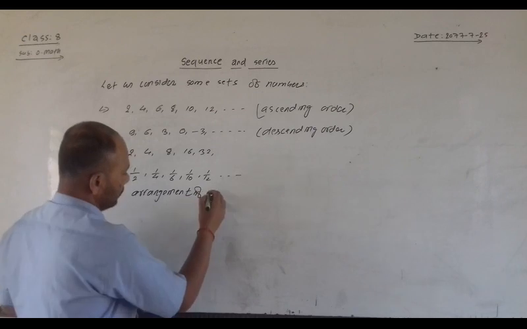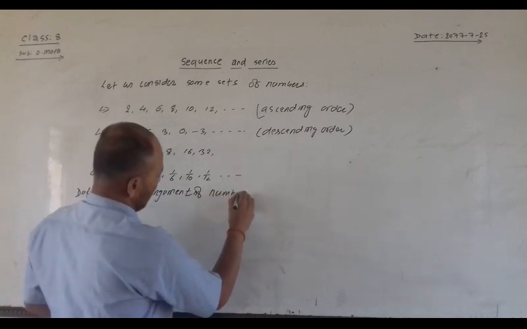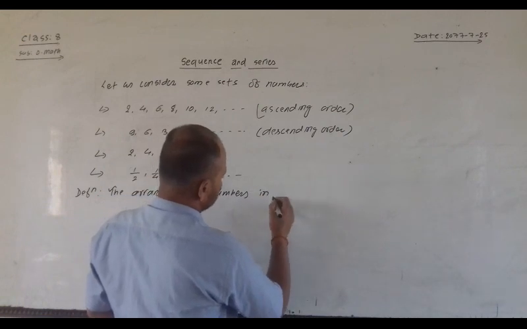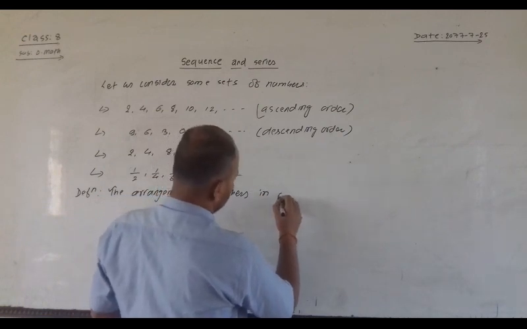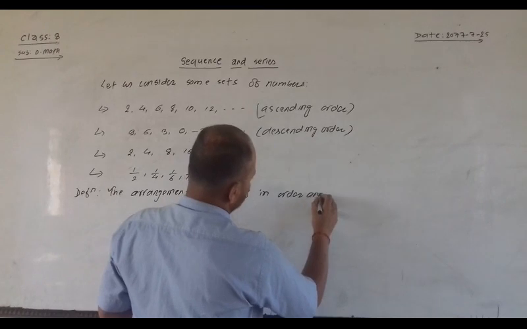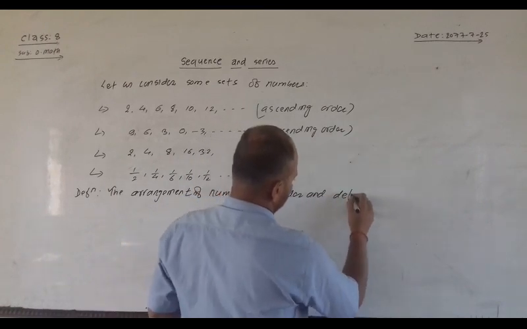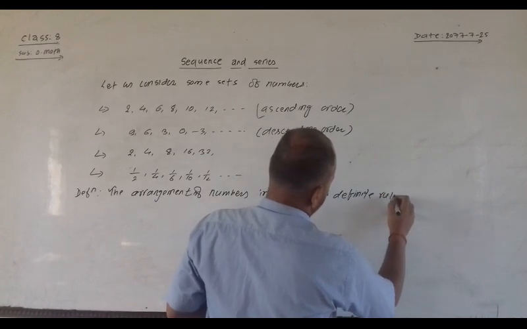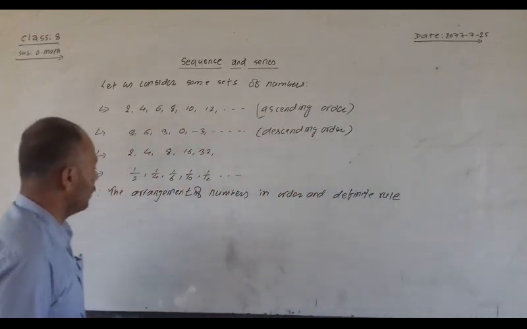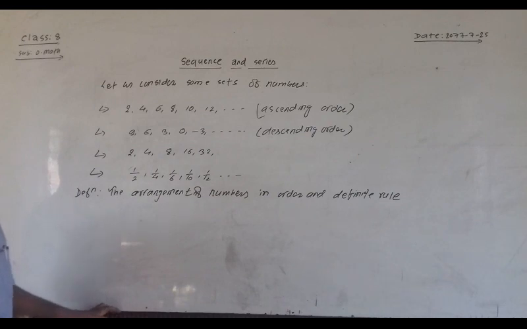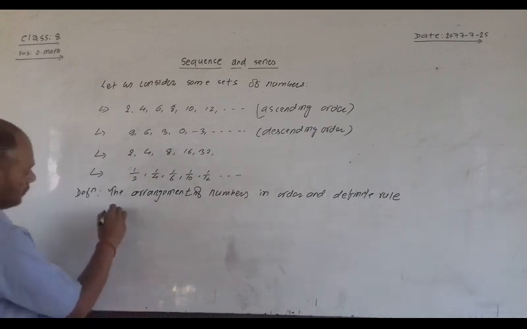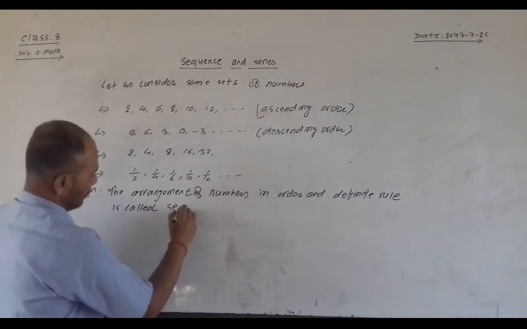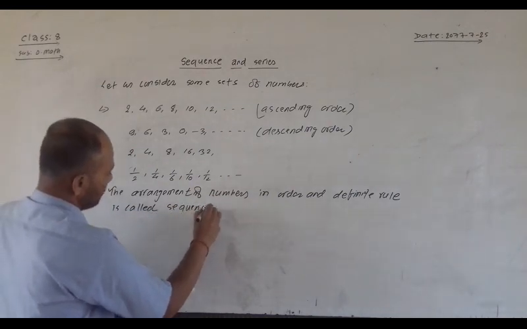The arrangement of numbers in order and definite rule is called a sequence.